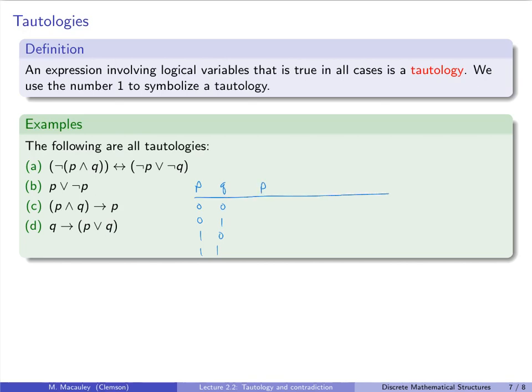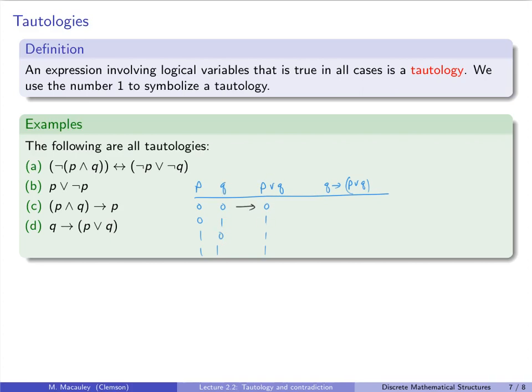Let's do P or Q. So this is 0, 1, 1, 1. And now let's try Q implies P or Q. So that's just what you get when you take these two columns here.